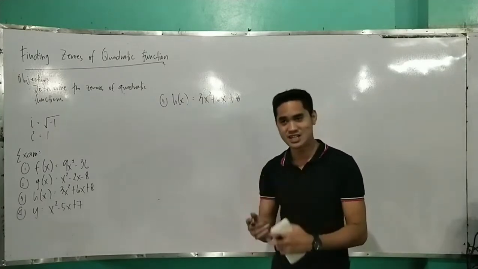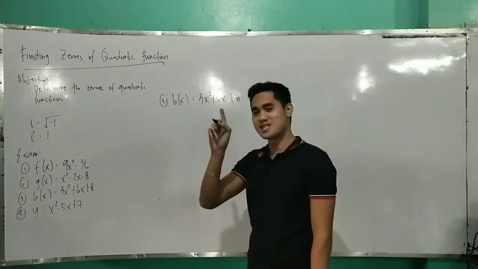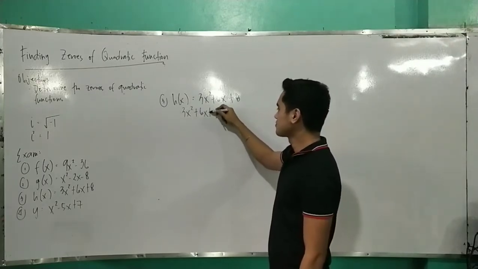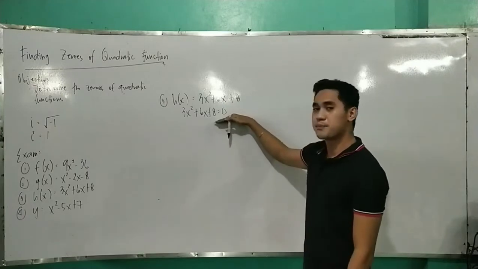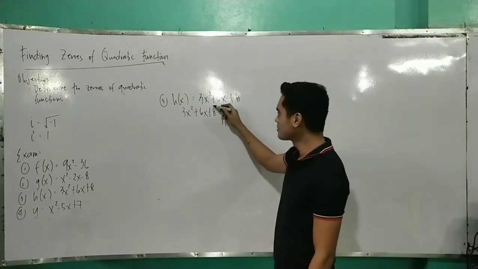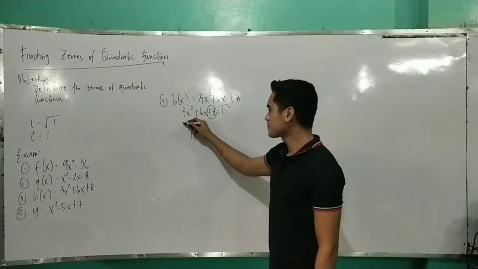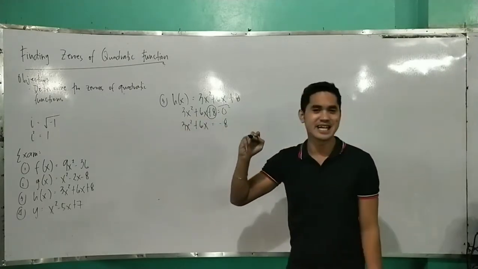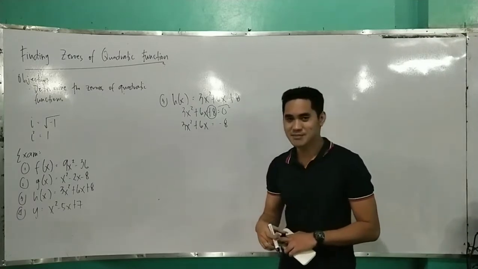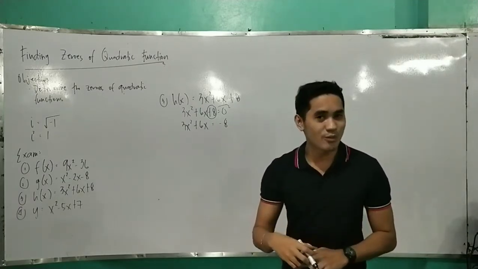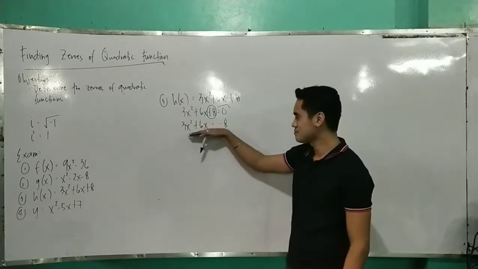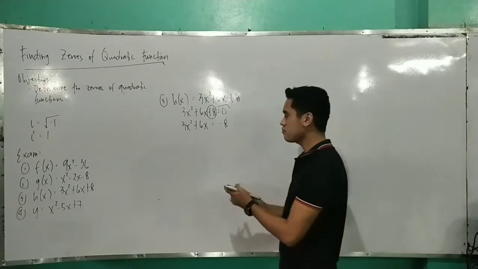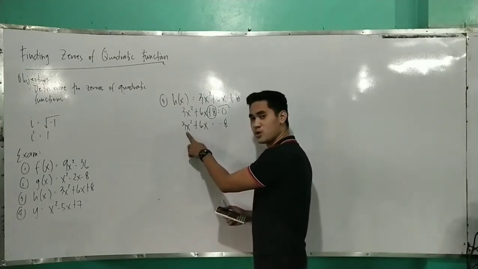Yung next nating step, di ba? Transpose the constant. Ito yung step number 1, then step number 2, transpose the constant, so negative 8. Then yung next step natin, make a perfect trinomial, pero yung case dito, meron tayong 3 bago yung coefficient natin.